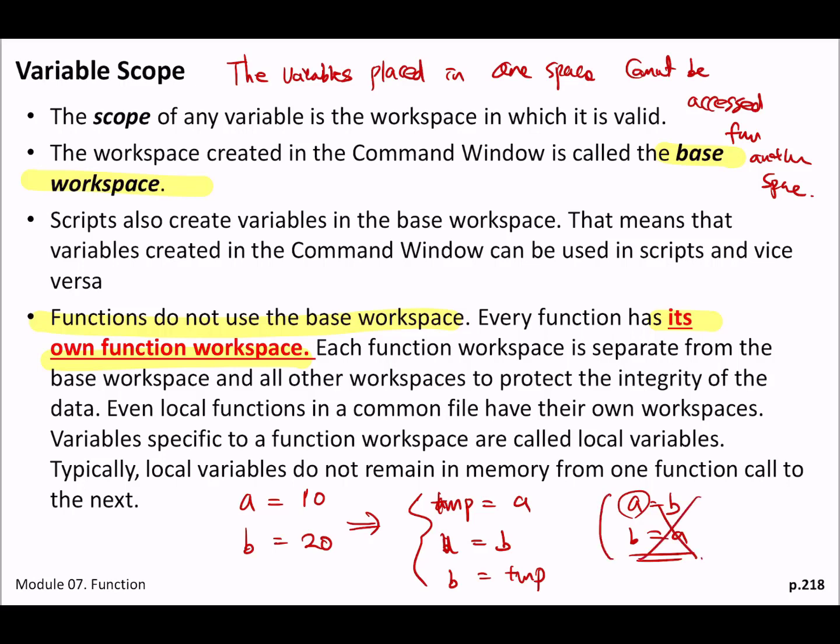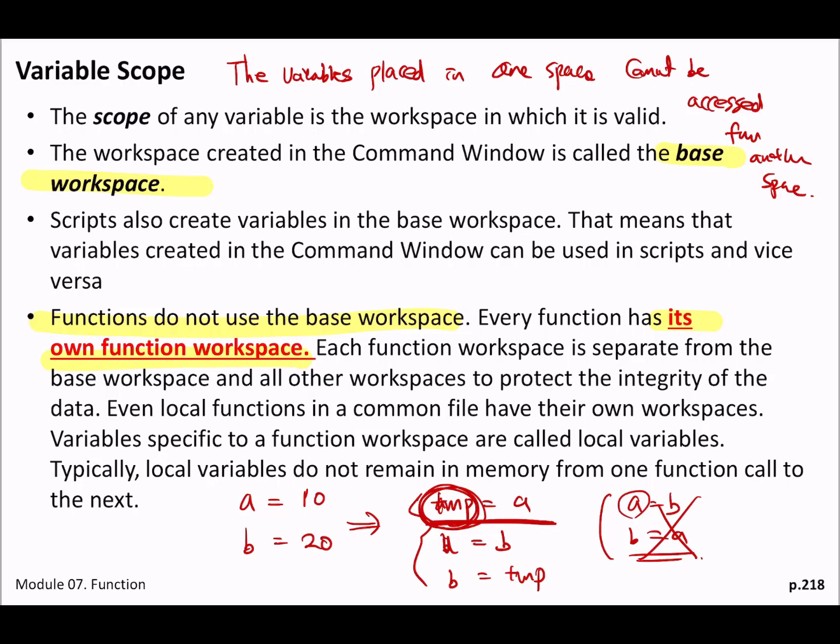But think about this example. Your purpose is swapping the values, right? But if you write this script, you generate this unnecessary temp variable, right? So this temporary variable remains in your base workspace, right? Again, this is a very simple example.